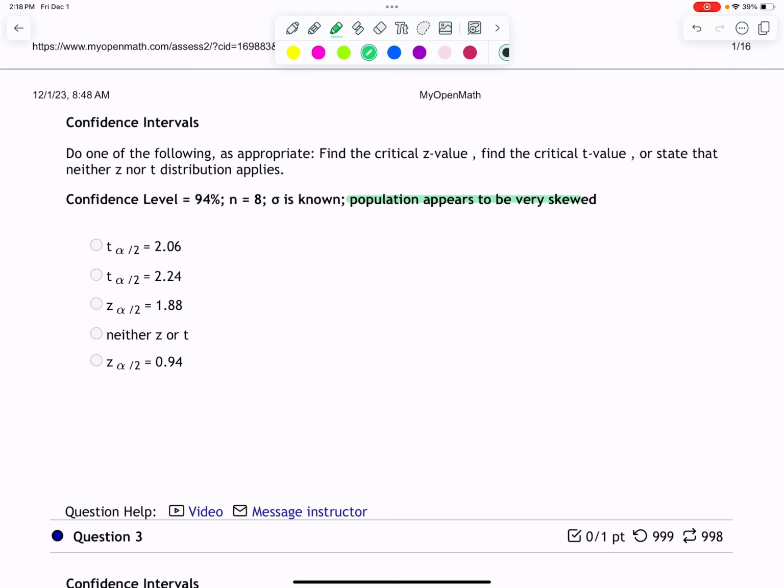Well, yes, we know sigma, but our population appears to be skewed, and that means we cannot run normal Z. We cannot run student T because we know sigma. So in this case, we don't get to run either one of them.